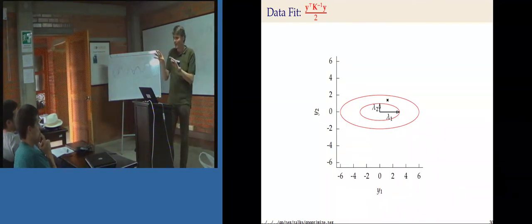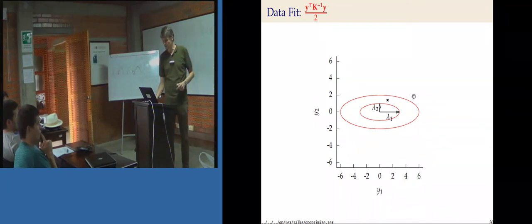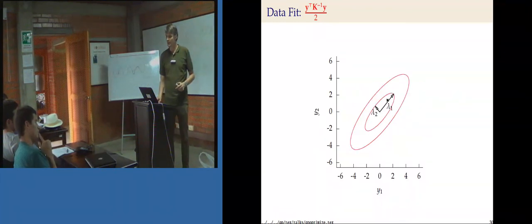Well, if we got a data point like this, this is the sort of thing we might like to do. We may not be able to do this sort of maneuver, but a maneuver that would make this data point closer to the origin would be to rotate that system. Okay? That wouldn't change the capacity at all.